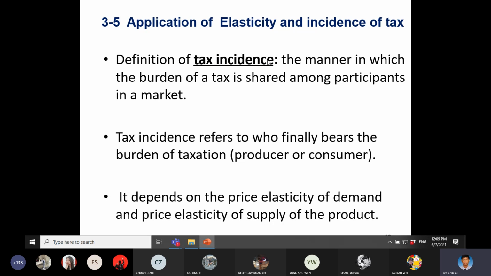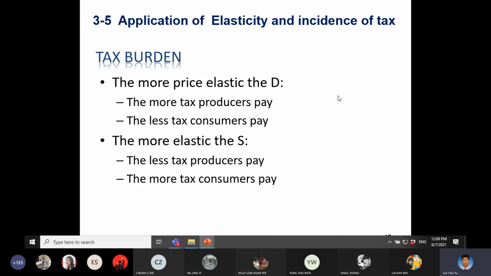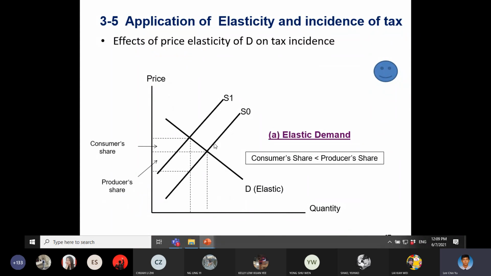So for the incidence of the tax, if you want to see who will bear the burden of the tax, we need to understand the elasticity. If your demand is inelastic, the consumer needs to bear more of the tax, meaning they pay more. If your demand is elastic, the producer needs to pay more tax.